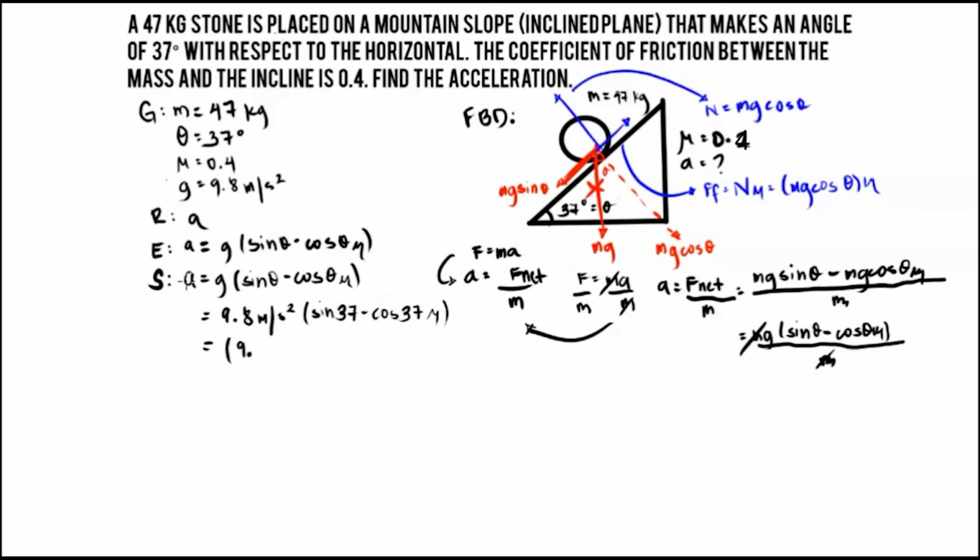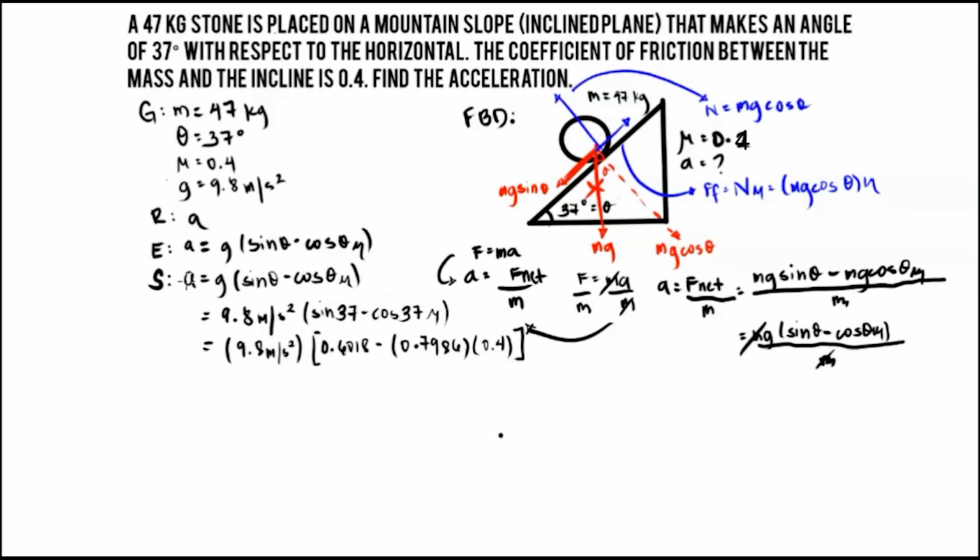9.8 meters per second squared times sine 37, which is 0.6018, minus cosine 37, which is 0.7986, times the mu, 0.4.